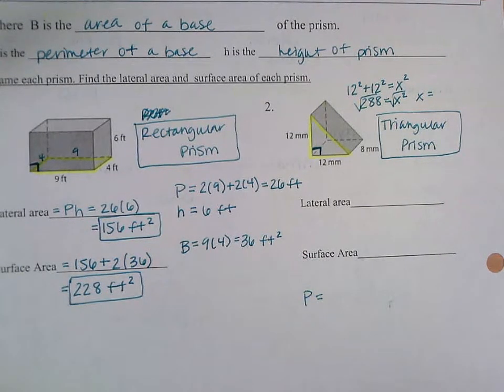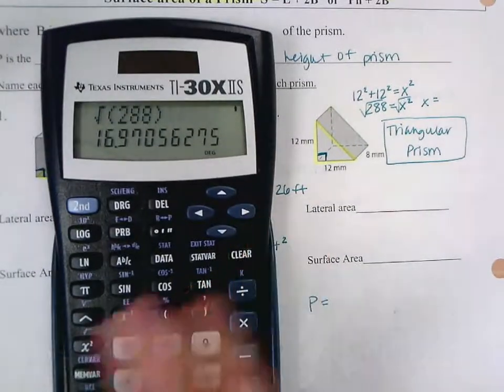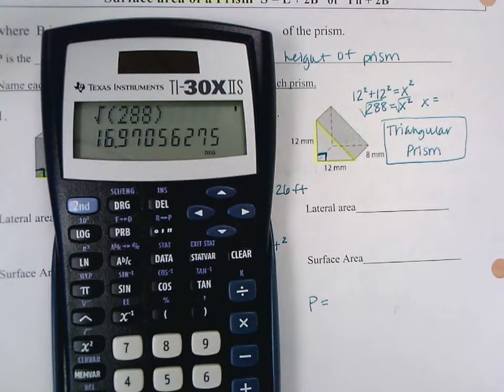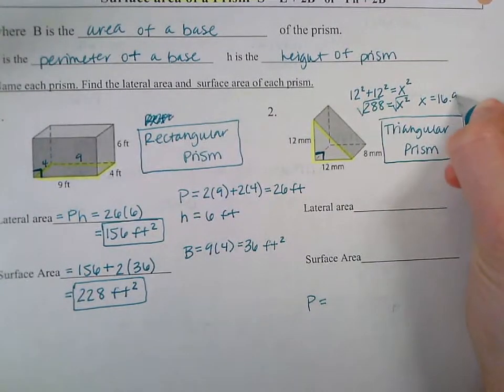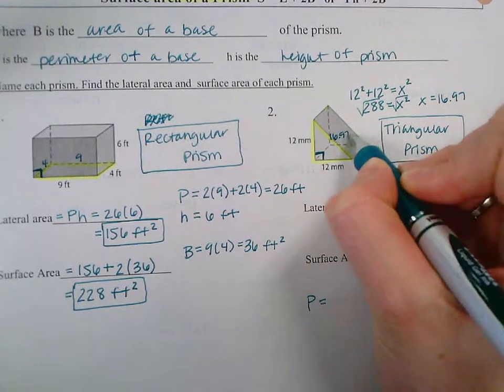So I am going to round my final answers to 1 decimal place. So this one I'm actually going to round to 2. I'm going to do 16.97 or keep it right now as 16.97. So that would be this side is 16.97.